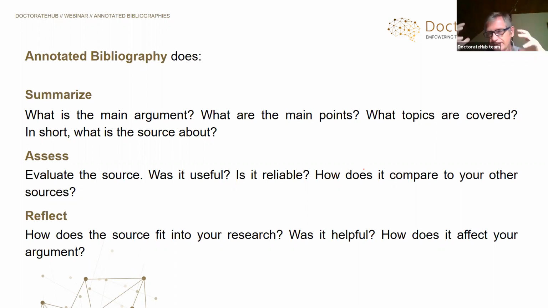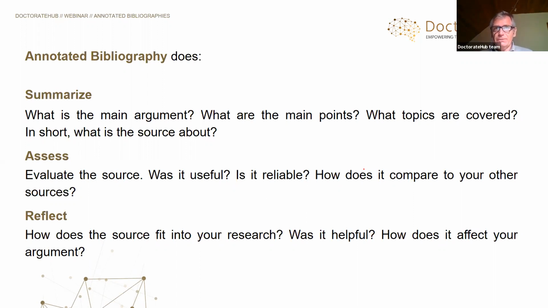After a while, as I see with my students, after they have done 10 annotations, they understand how it goes. And after we have discussed them, they see the value, and they can use them in a proper way. At the end, it is the reflection part where we are trying to understand how it really fits into your research.